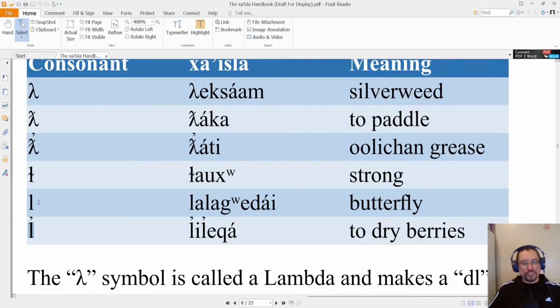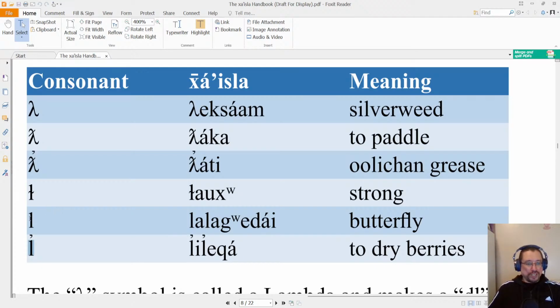And you've probably started to notice a pattern with these groupings of consonants. We usually have a regular version of a sound followed by another version of the sound that has an apostrophe on top. So with the previous group of letters, well, the one before the last one, we did the alveolar group of consonants that ended with a regular N and then a glottalized N. So you've probably picked up on that pattern if you're very observant and you've watched the previous videos.